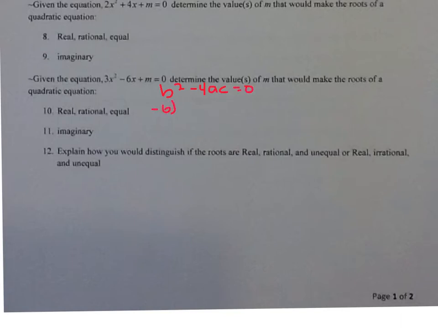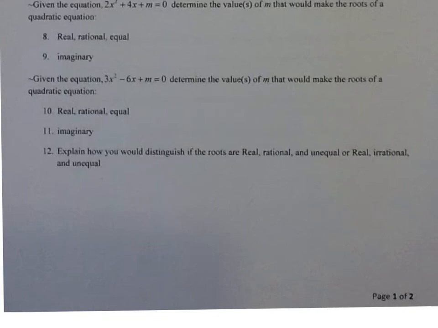So we have negative 6 squared minus 4 times 3 times m equals 0. So I have 36 minus 12m equals 0. Add the 12m to both sides. So 36 equals 12m. Divide by 12, m is equal to 3.